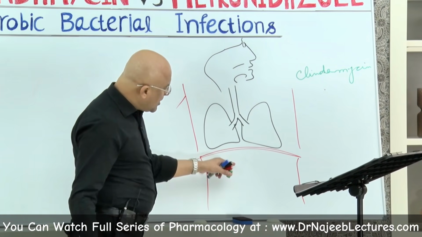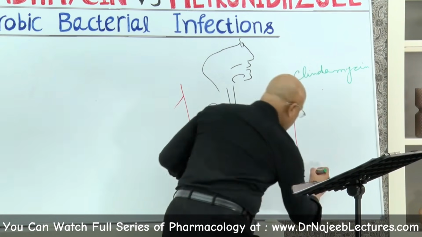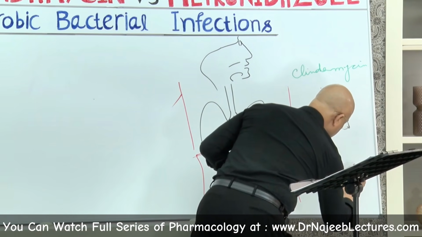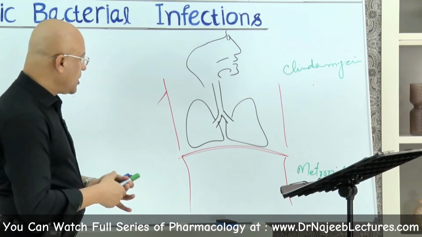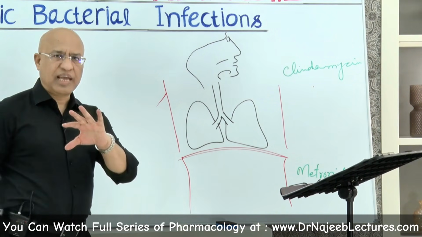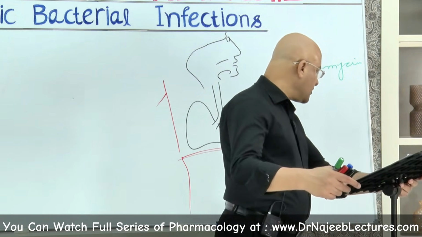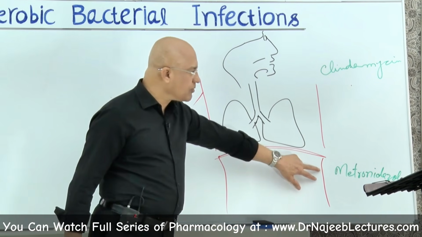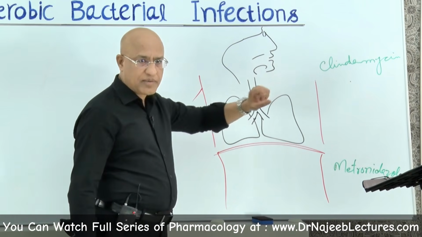So when they are below the diaphragm, usually we prefer to use metronidazole. Why is it so? For this purpose, we have to answer at least 4 questions. The first 2 questions relate to metronidazole, the other 2 to clindamycin.